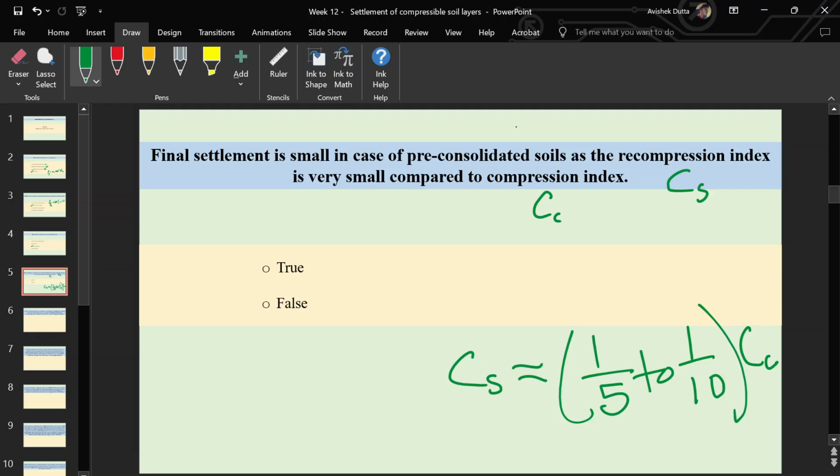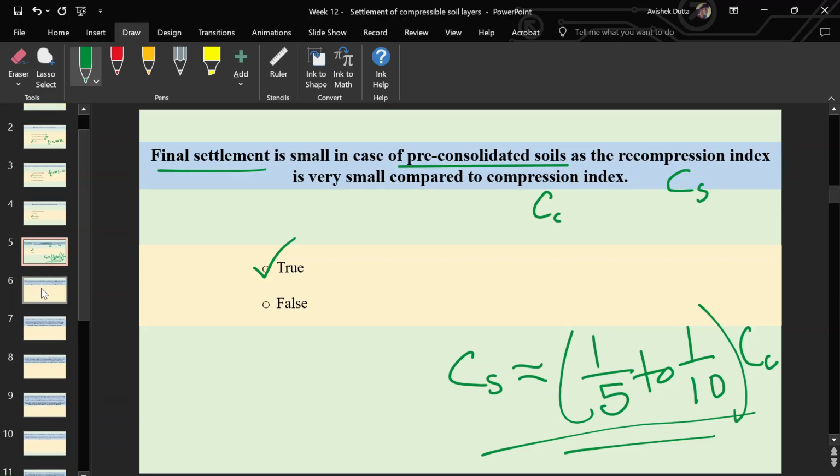For this reason, soils which are pre-consolidated swell and then again start consolidating, and in their case, this being very less, the final settlement is small. Hence, this is a true statement.